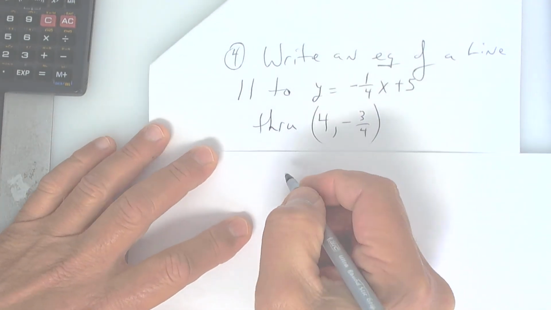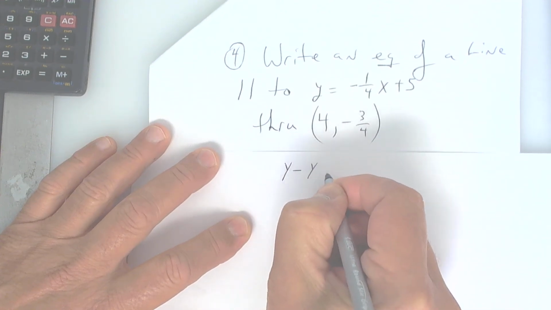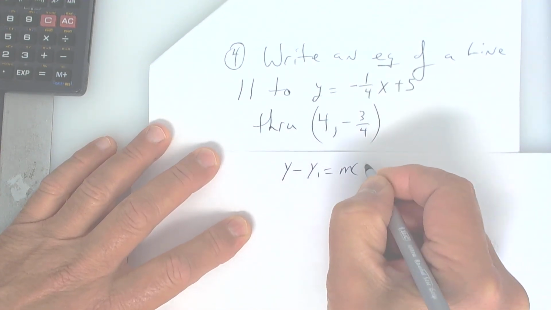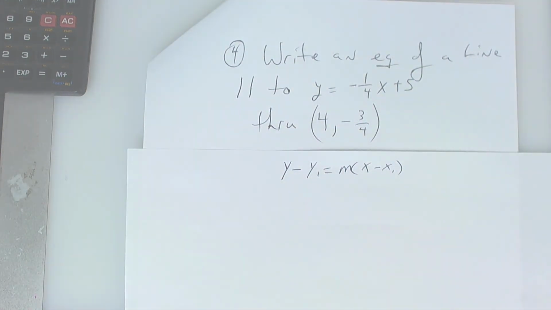Tell me what it is. Y minus y1 equals m, and the parentheses is going to be x minus x1. Awesome. Write that down. Now plug your numbers in there. See if you can do that.